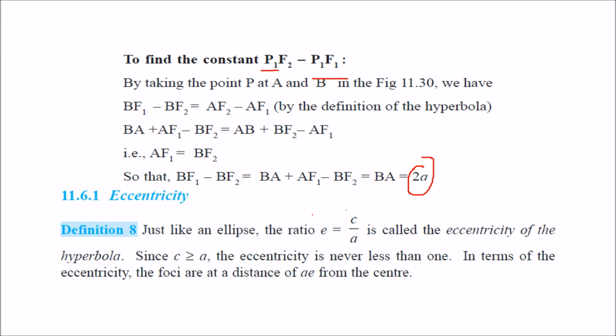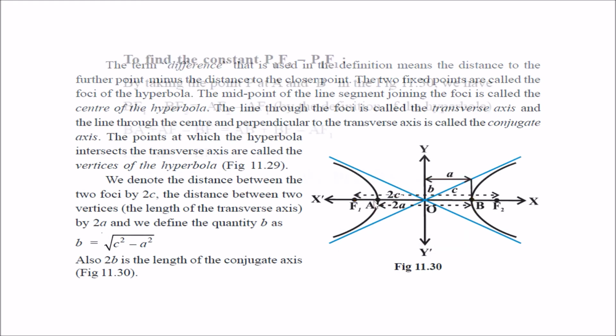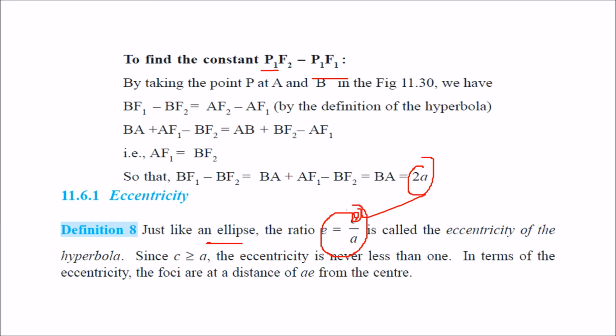What about eccentricity? Just like the ellipse, e is equal to c by a. Since c is greater than a, as we just saw in the diagram, the eccentricity will never be less than 1.